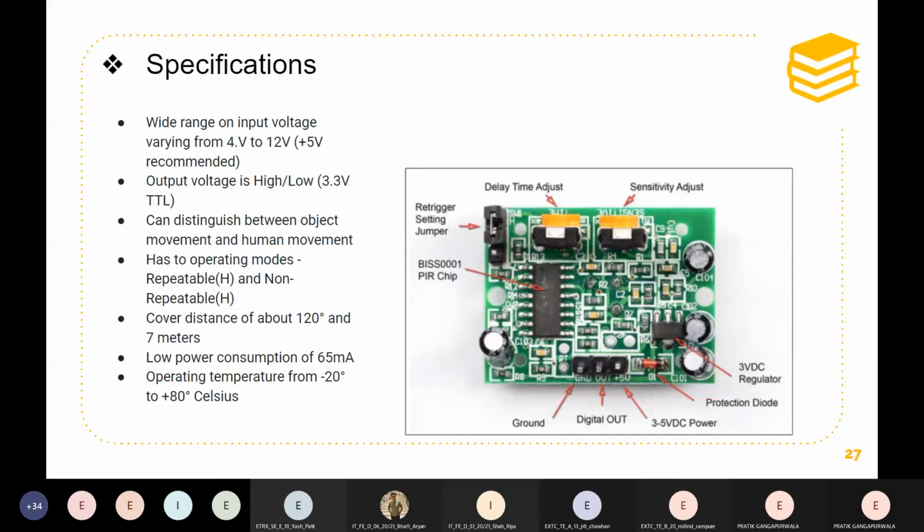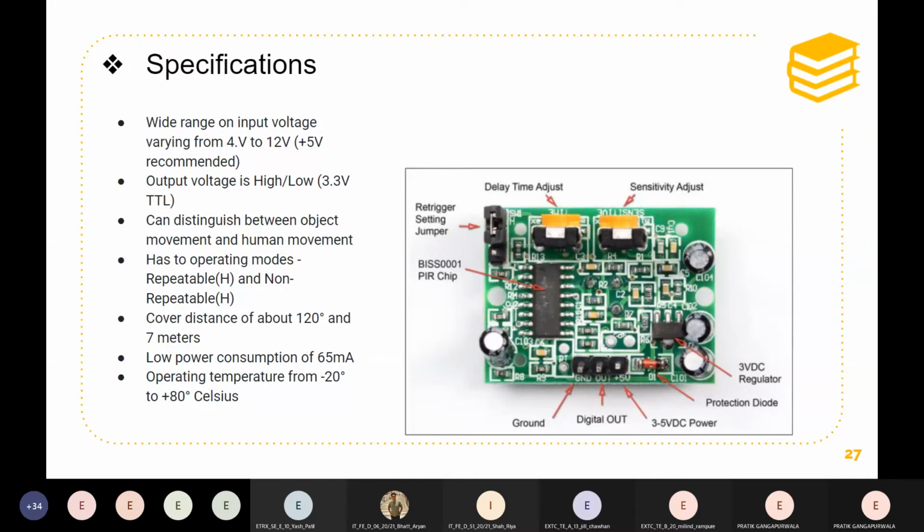The specifications of this PIR motion sensor: it has a wide input range of 4.5 to 12 volts, and plus 5 is the recommended value, which is also available on the Arduino board, hence we use 5 volts. The output voltage is 3.3 volts for high and 0 for low. It can distinguish between object movements and human movements.